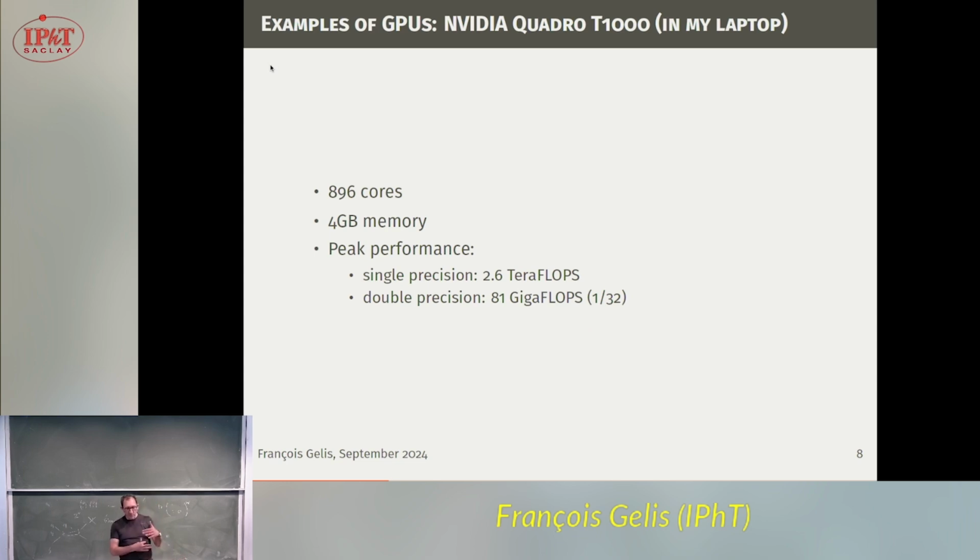So there is a ratio of 1/32. And this is one of those consumer-grade GPUs for which the processing power in double precision is really more than one order of magnitude below the processing power in single precision. So it's not very favorable to do double precision computations on this kind of GPU.